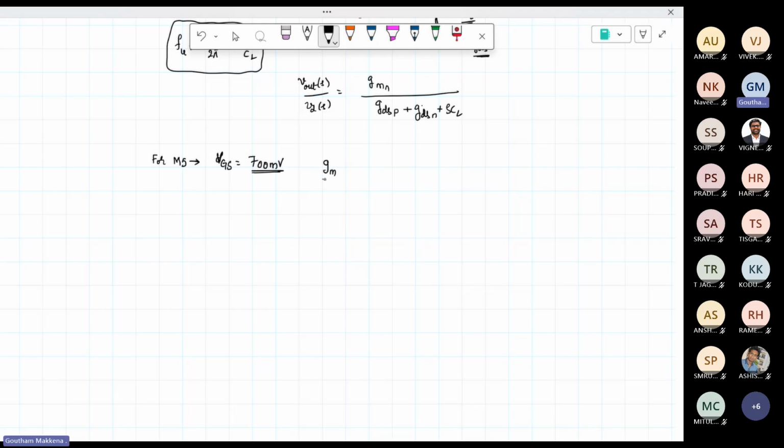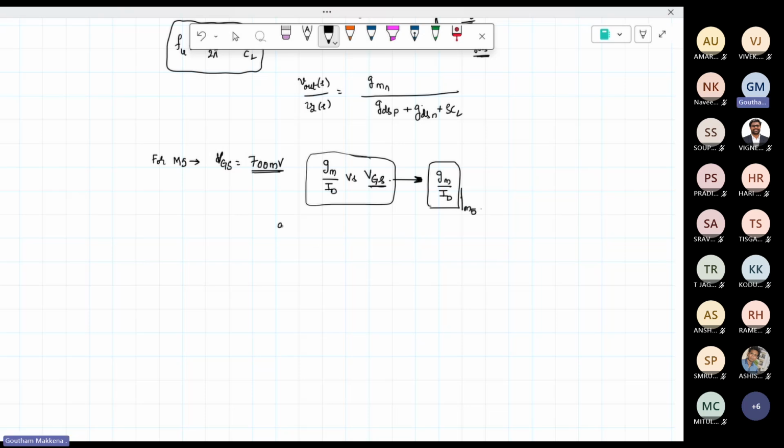The first curve is gm over ID versus VGS, right? From this curve, what will I obtain? I already have the VGS value. From this curve, I obtain the value of gm over ID. Yes or no? This is for MOSFET 5, M5.